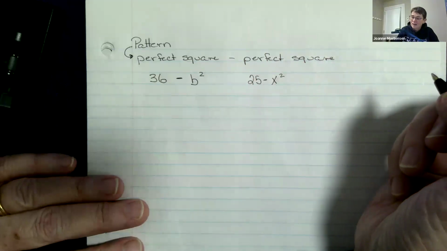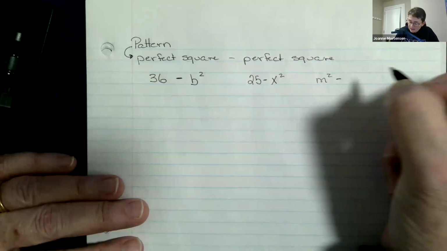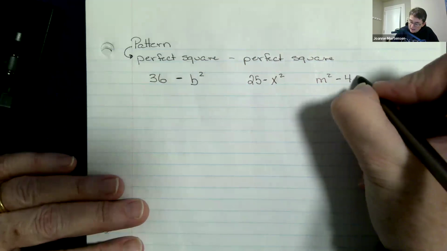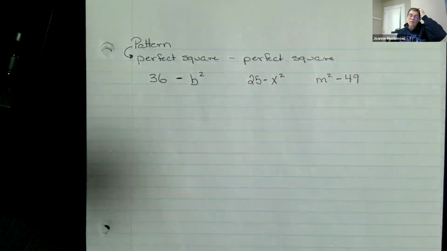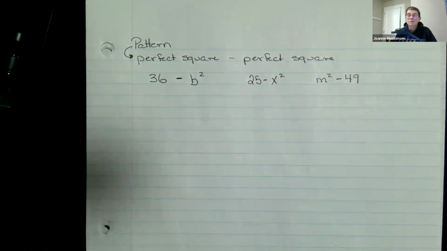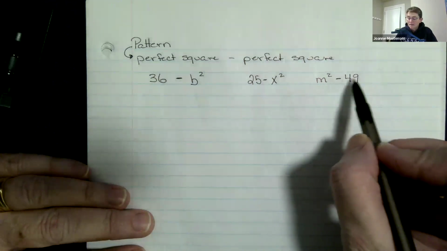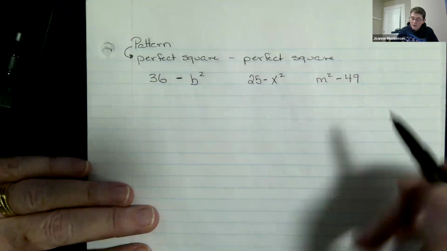It's almost the same thing, yeah? I could make it m squared minus 49. So it doesn't matter whether the number's in front or the letters in front. It's the perfect square minus a perfect square.